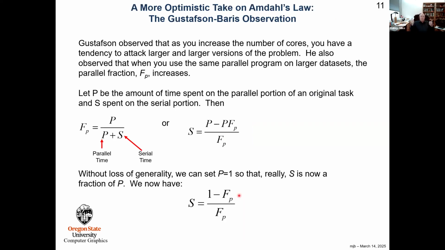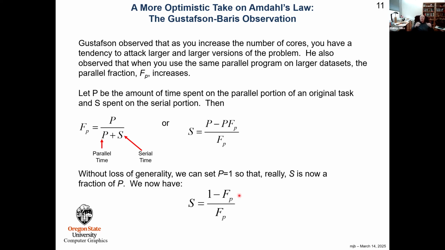Now, before this all sounds too dismal and you run out and drop the course, there is something called the Gustafson observation. And this was in a paper. What Gustafson observed was the reason people buy more cores is usually not because they're trying to speed up their existing code.